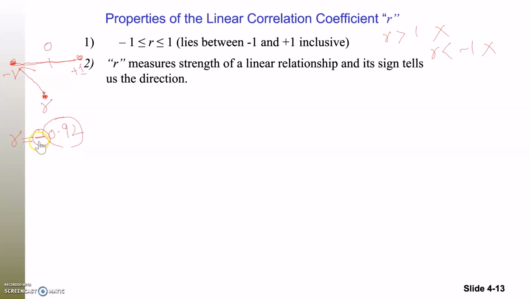The sign tells you the direction of the relation. Is it positive or negative? And this number tells you how strong the relation is. If this number is close to 1 or close to -1, the relation is stronger. And if this number is close to 0, there is a weak relationship. So remember, a correlation can be strong and a correlation can be weak.